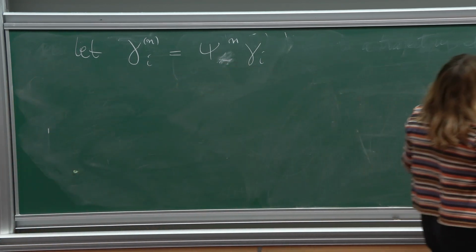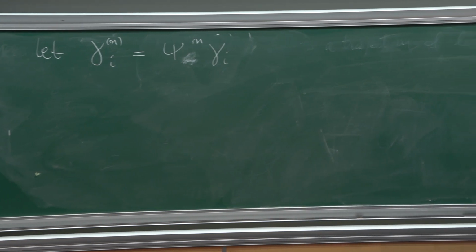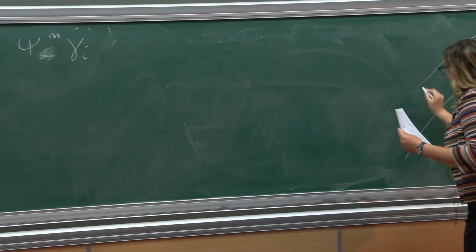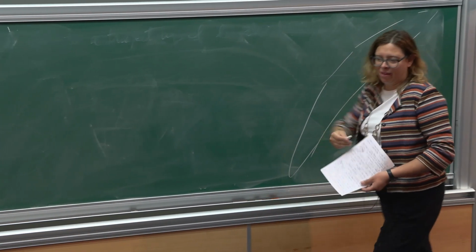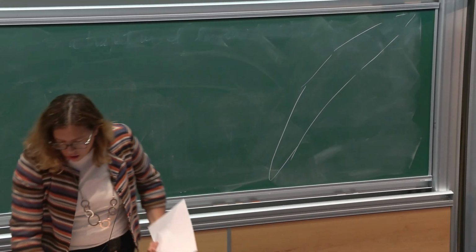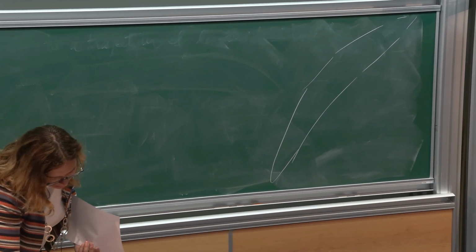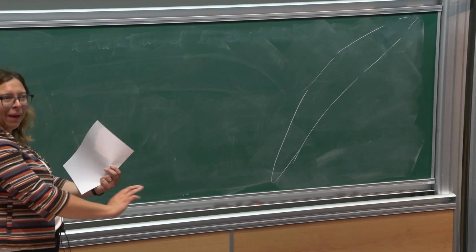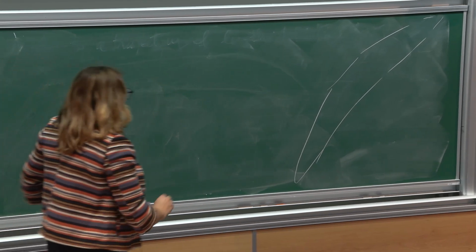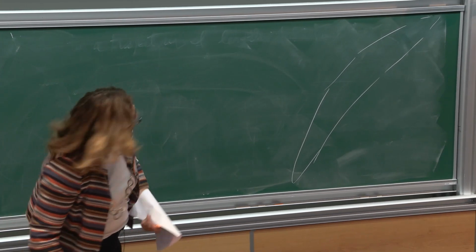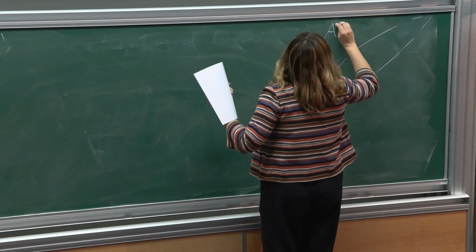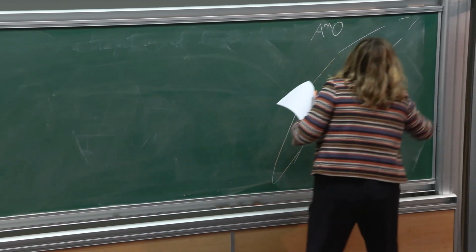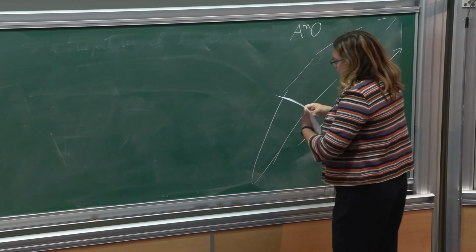So how do they look? Maybe I'll draw something. You should imagine that I have a very, very stretched octagon. Then I can cut and paste it back to the octagon. But before I cut and paste it, this is very stretched in the direction I want to study.